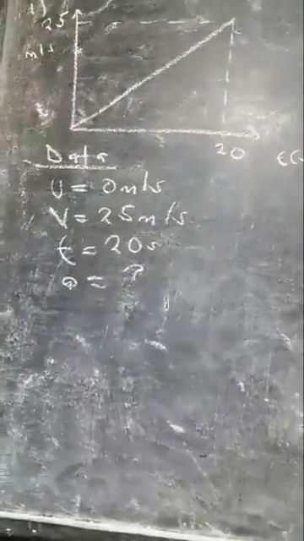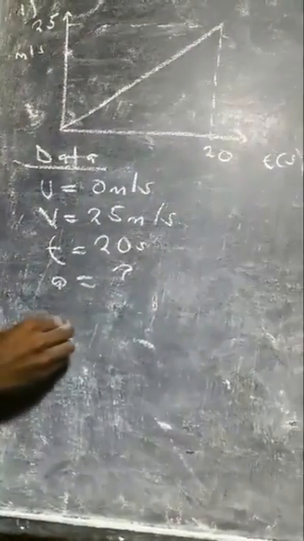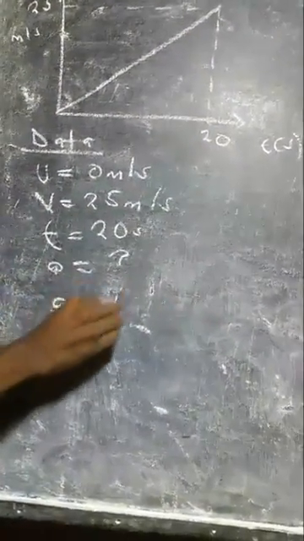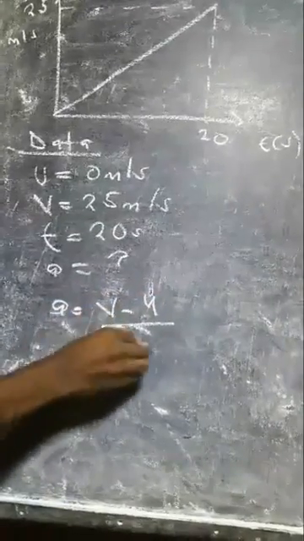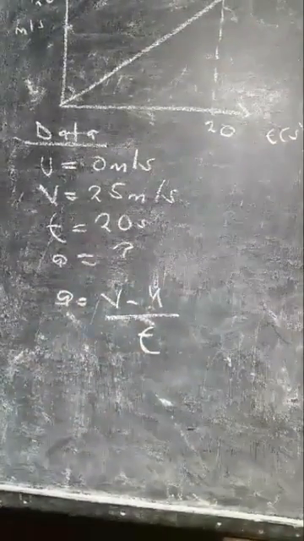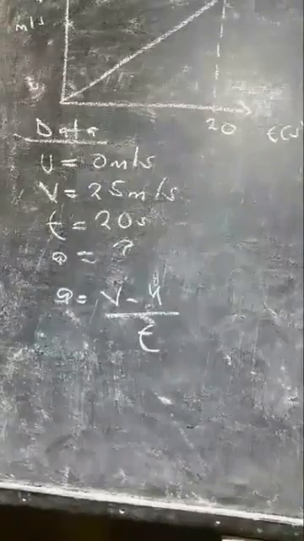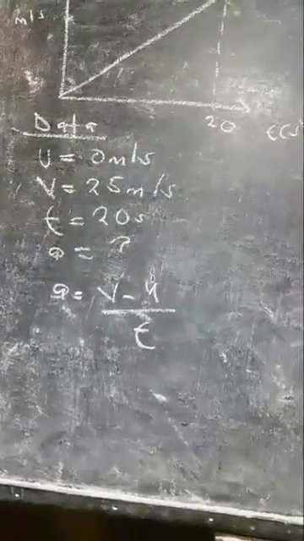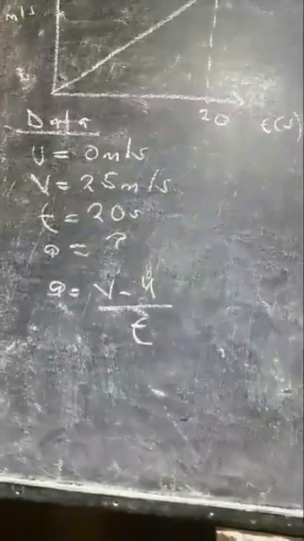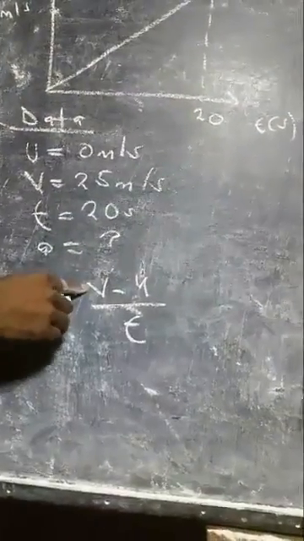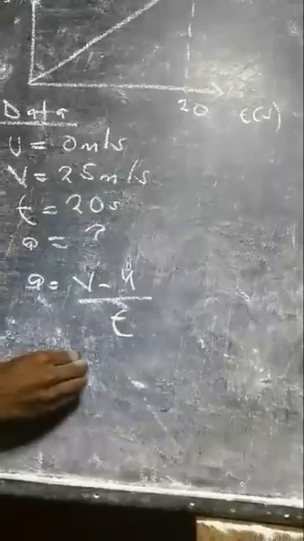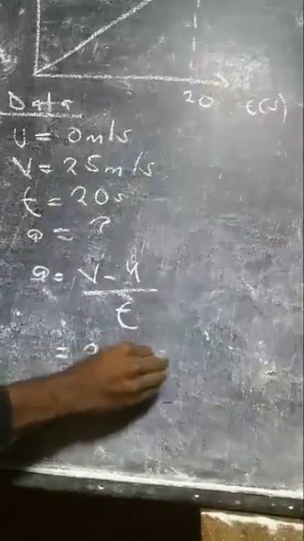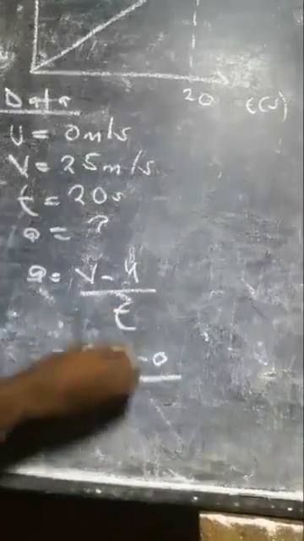So definitely we know that acceleration a is equal to v minus u over t. We know our final velocity, we know our initial velocity, and we know our t. So v is 25, so it's 25 minus 0, divided by time, which is 20.